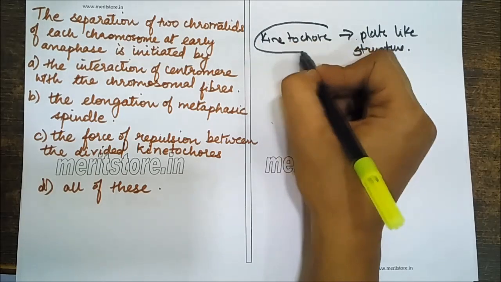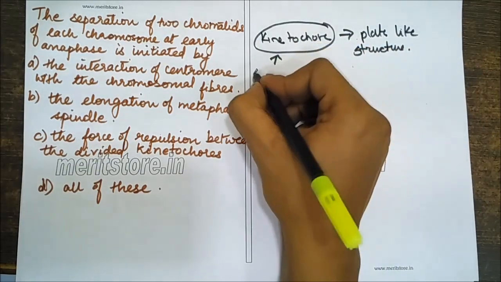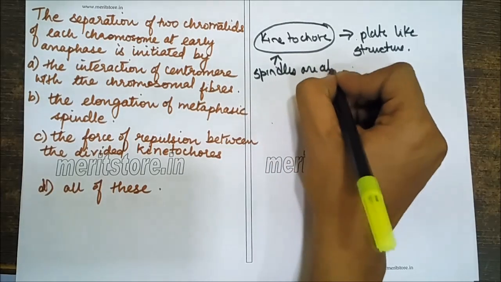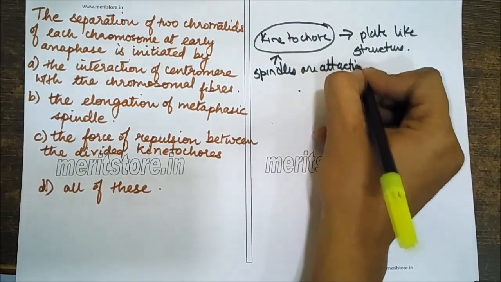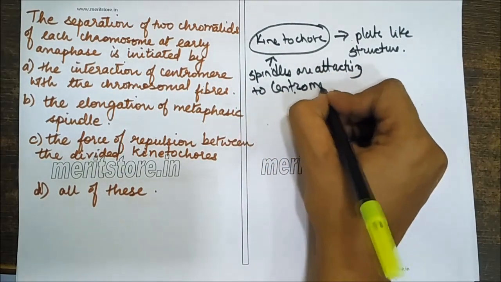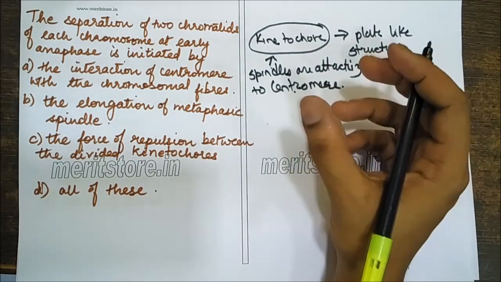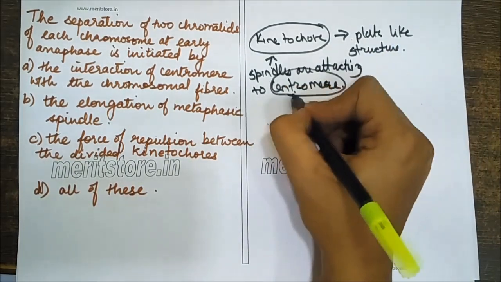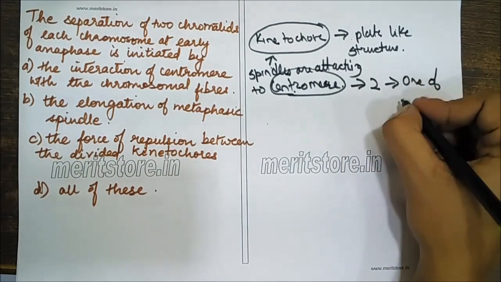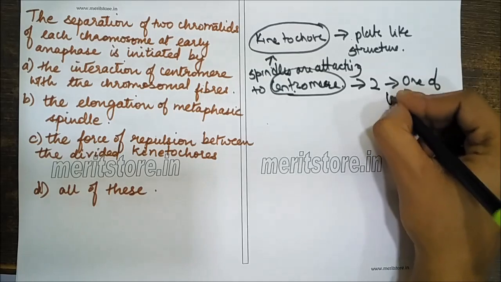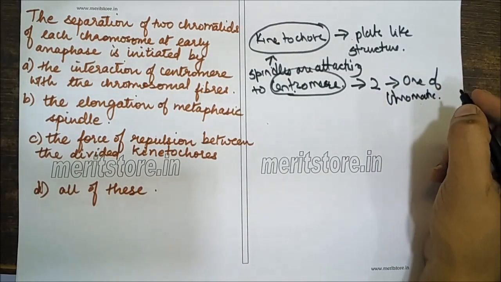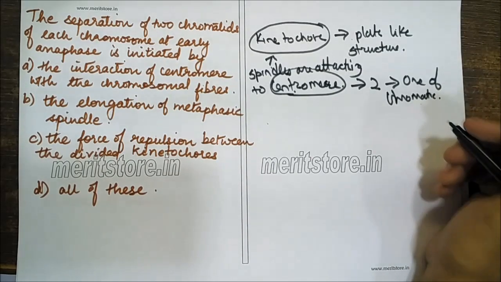So it is through the kinetochore that the spindles are attaching to the centromere, and then two centromeres are produced so that there is one for each chromatid. So each chromatid now has one.